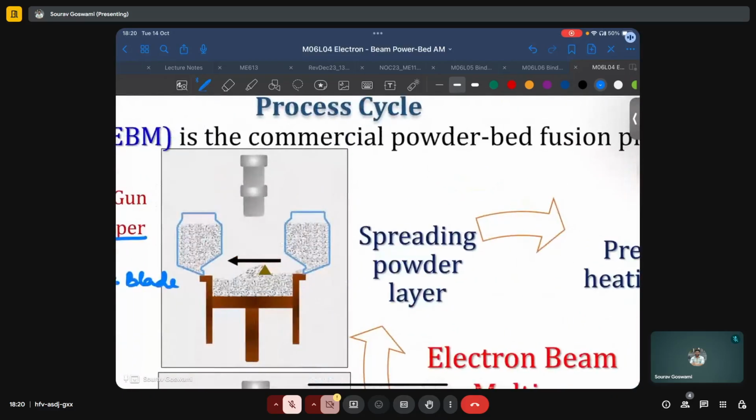During the printing of a single layer, the first process is the dispensing of powder from one of the hoppers on either side, and then this powder is spread out using this doctor's blade.